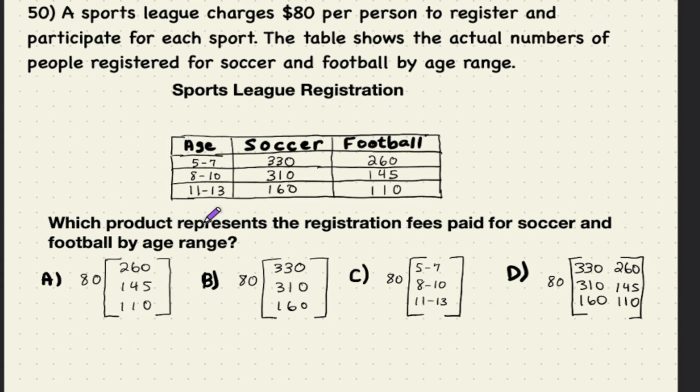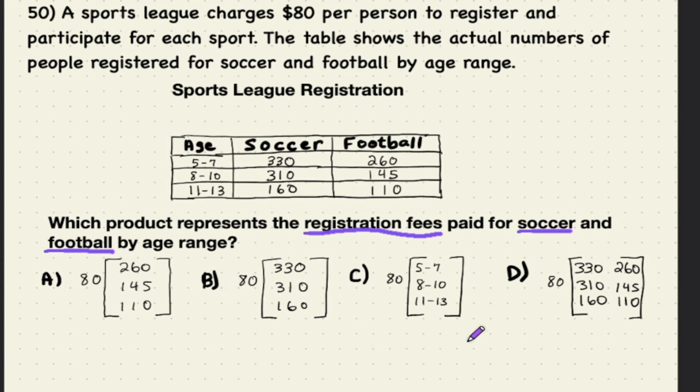Okay, so we have matrices down here, and we're going to select the correct one that has the information that we're looking for. It says, which product represents the registration fees paid for soccer and football by age range. As you can see, every matrix has the $80 for the fee, right?